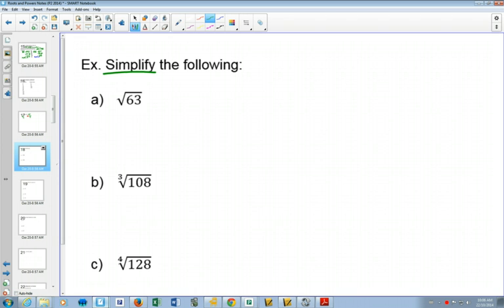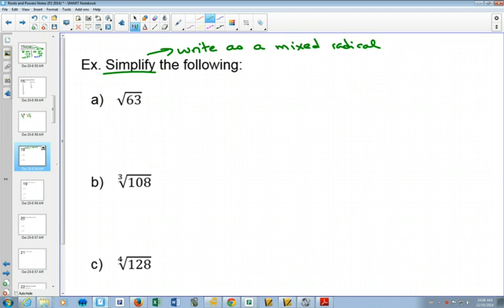Simplify for radicals so far means write as a mixed radical. So if you see the word simplify and it's a radical question, you now have to know that simplify means write as a mixed radical.